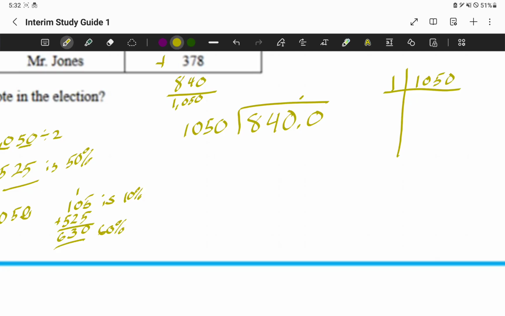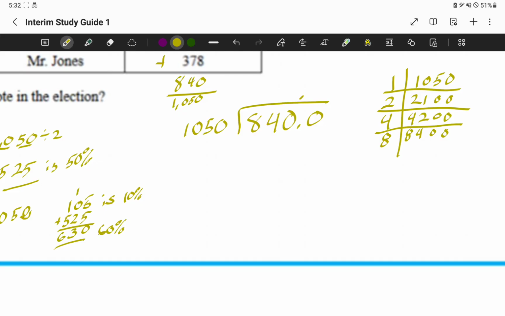And so 2 times that is 2100. 4 of those is 4200. 8 of those would be 8400.